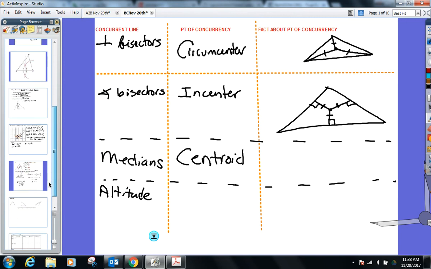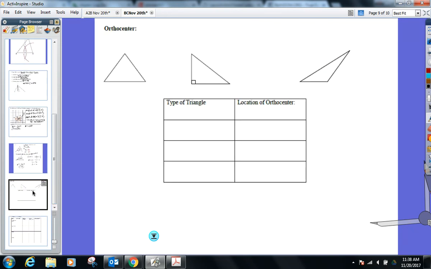And I don't really have anything fancy here for you other than telling you where they intersect. And that's called the, anybody want to try to pronounce it? Orthocenter. Yep, that's the point of concurrency for the altitudes.